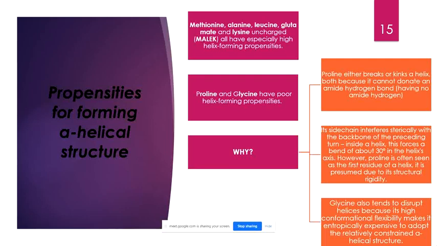For example, the MALEK amino acids, that means methionine, alanine, leucine, glutamate and lysine, all have a high alpha helix forming propensity. That means if you have a particular domain or motif that is rich in these, that domain is going to achieve an alpha helix structure.